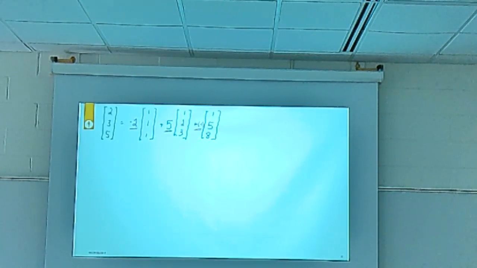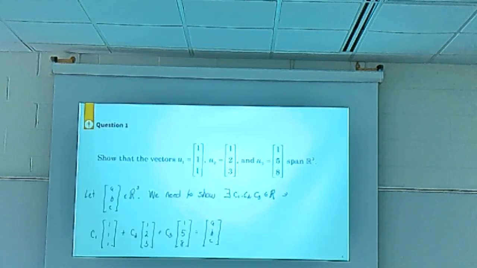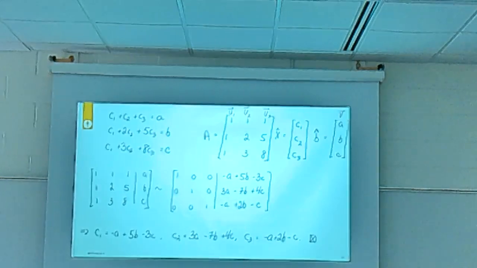If we are given a question like this on a test, how do you want us to format the answer? Well, it depends on what I'm asking for. This question was to prove that it spans. So I wouldn't need to see the system.